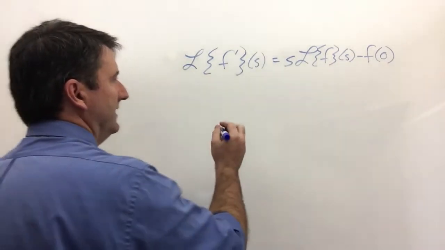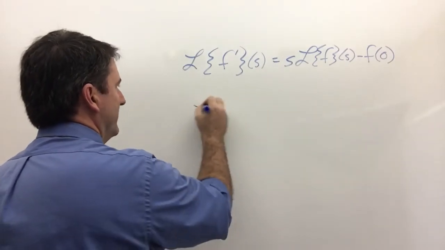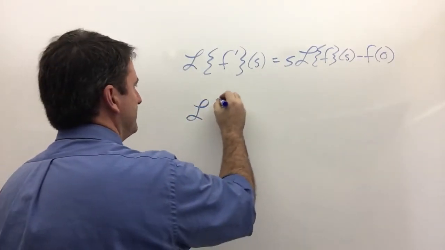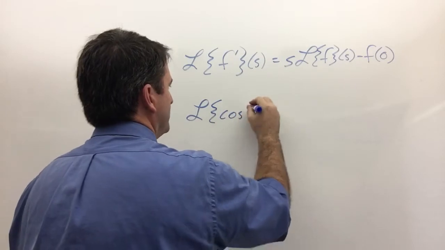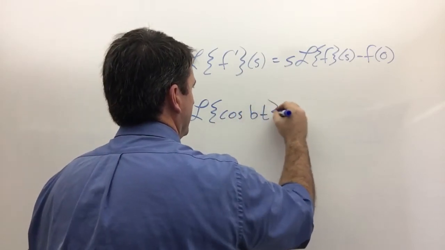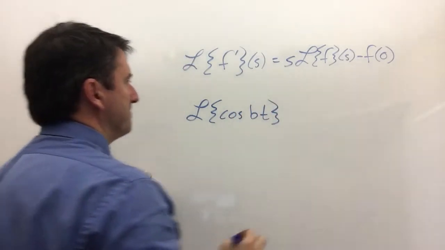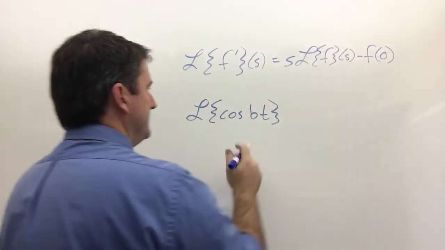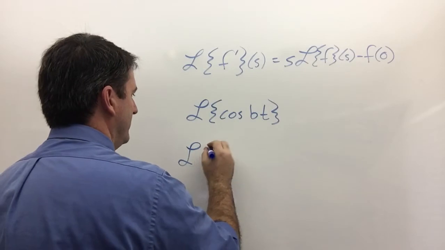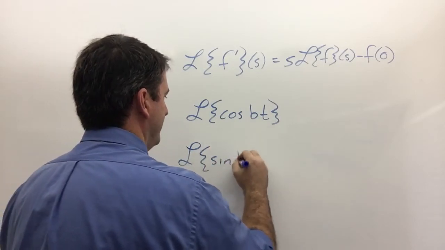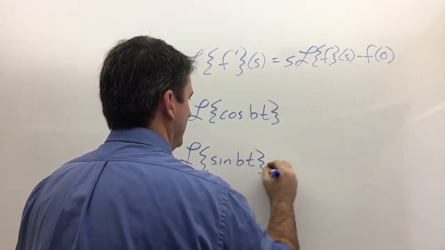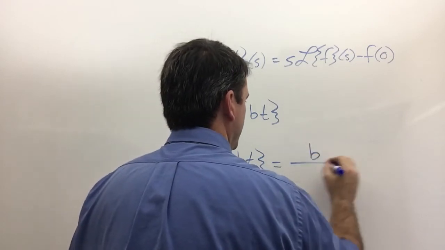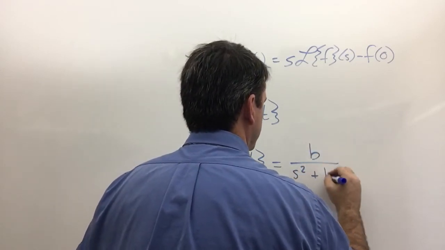If we've got, and this was one of your homework problems last week, the Laplace transform of the cosine of bt, we can solve this using the fact that we know the Laplace transform for the sine of bt, which is b over s squared plus b squared.